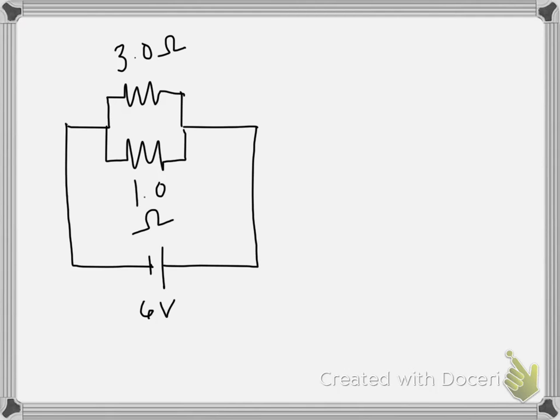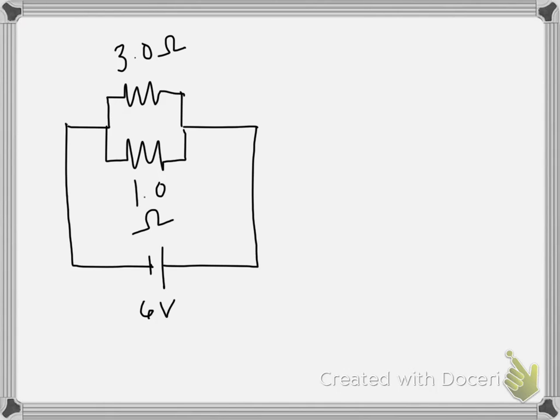Okay, so in a circuit where we have parallel resistors, our computations for voltage and current are a little bit different. In a series situation, the current is the same across all of them. In parallel, it's not.